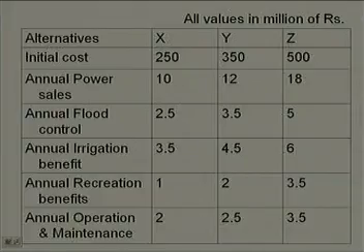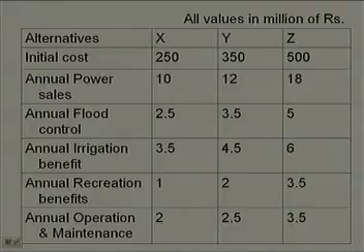The annual operation and maintenance cost for option X is 2 million, for Y it is 2.5 million, and for Z it is 3.5 million. Now all these things, although they are given in your problem, you will find that calculating these values is one of the most difficult tasks.